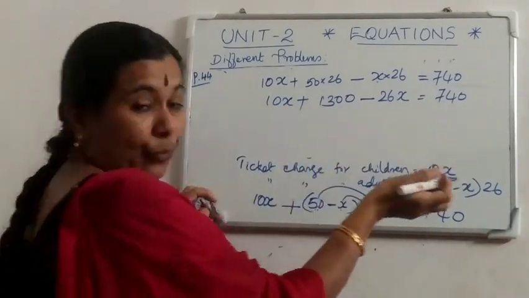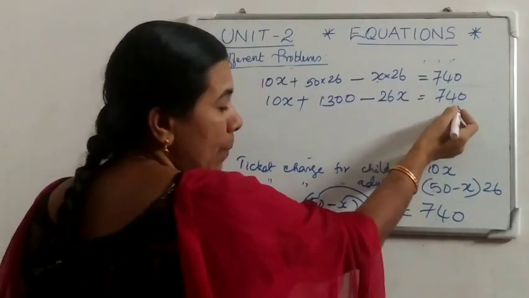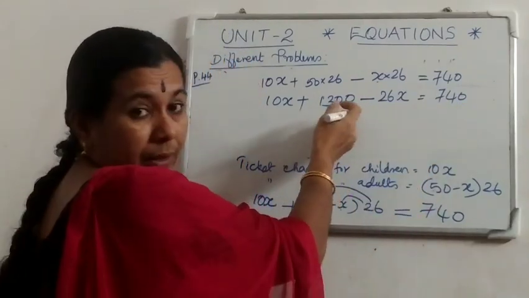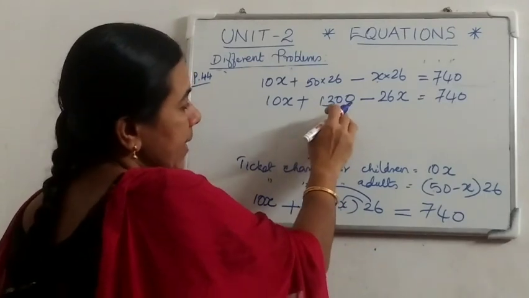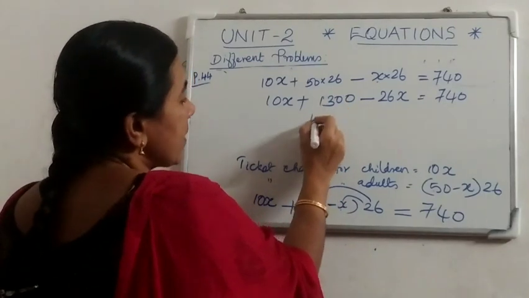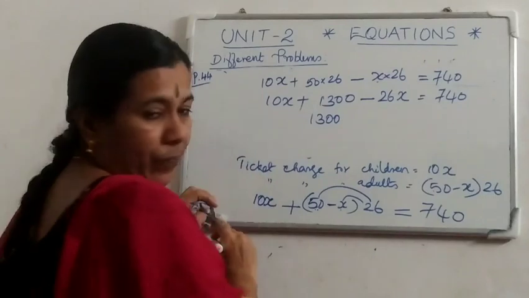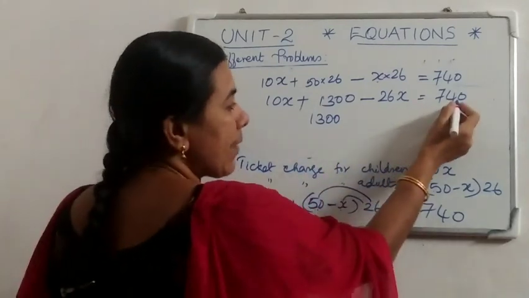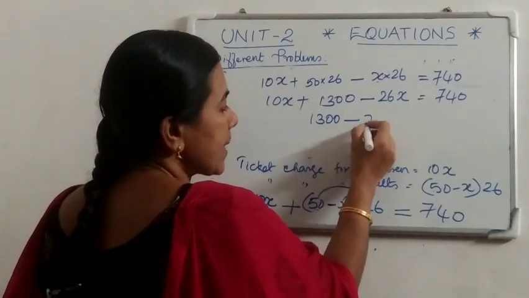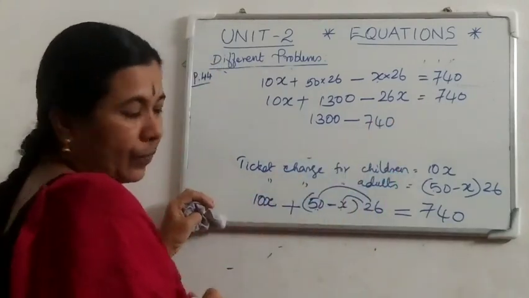Therefore we want to take the number 740 to the other side, the left side. Then the number 1300 is there, and we take the 740 towards this side as minus 740.